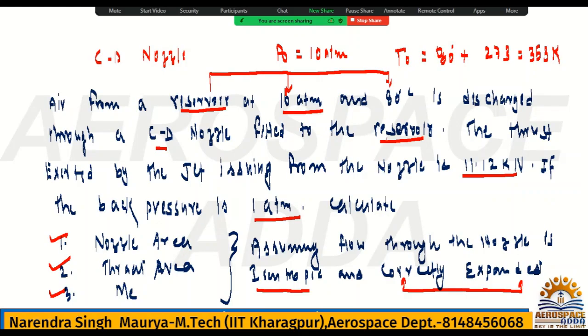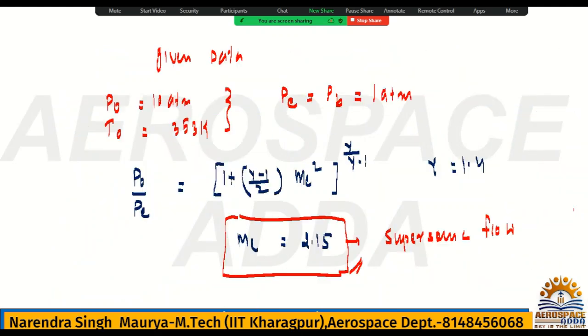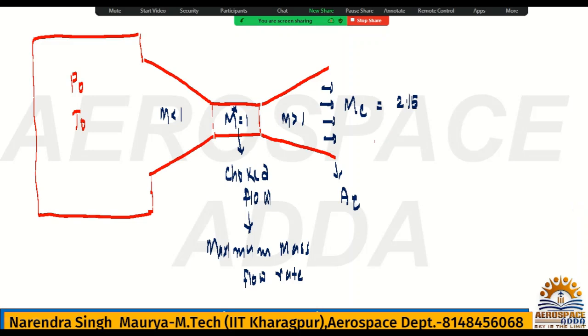One thing they have given very nicely: the nozzle thrust. Obviously I cannot call thrust T, because otherwise T means exit temperature. So they have given the thrust, which is nothing but 11.12 kilo. We will use this, yes or no?